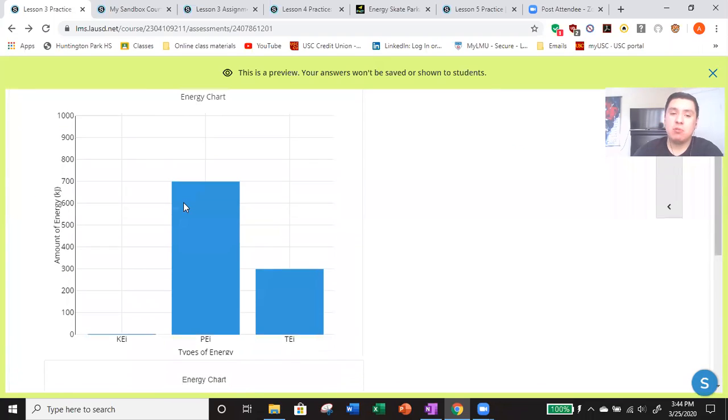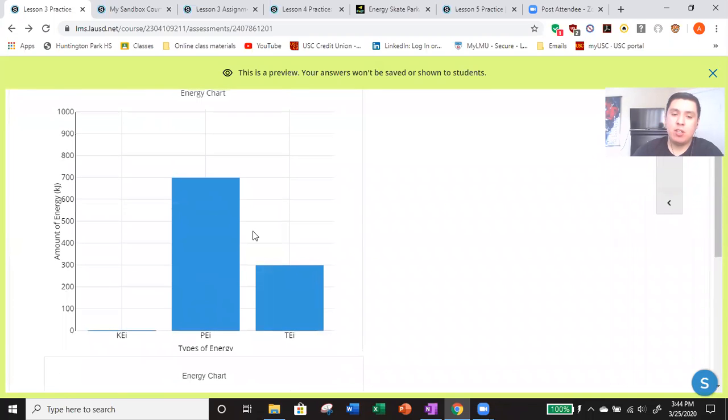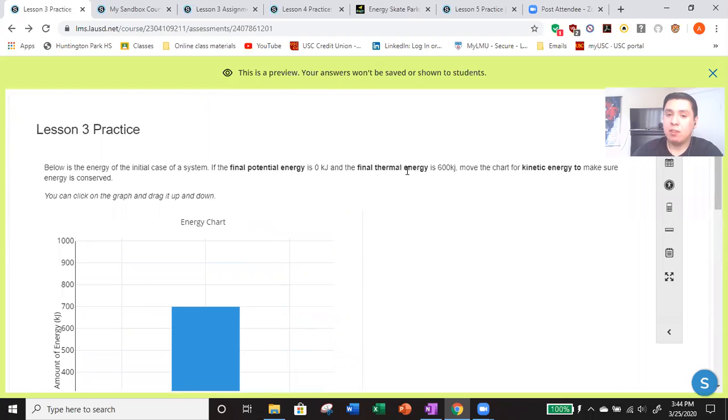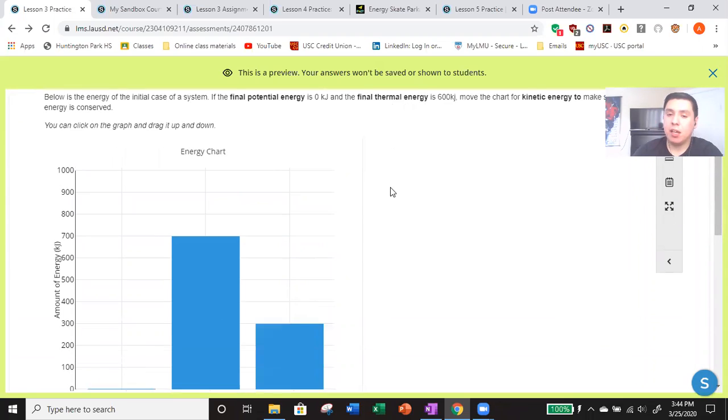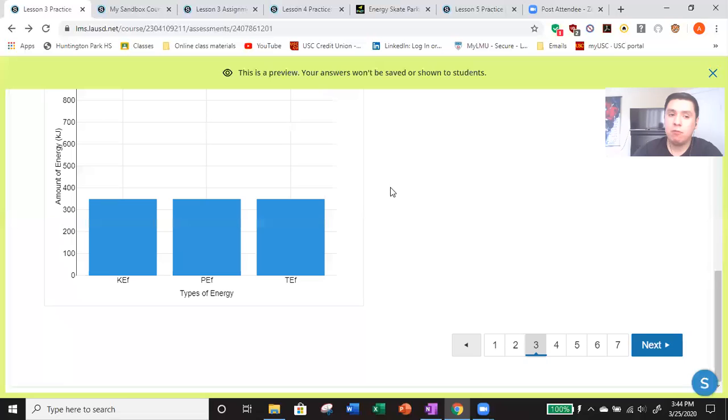So we have the initial case right here. Potential energy and thermal energy. You have potential energy of 700, thermal energy of 300. That means that the total energy will be 700 plus 300, 1,000. If that's the case, then the final thermal energy is 600 kilojoules, so first let's just put that. You can just drag it here.